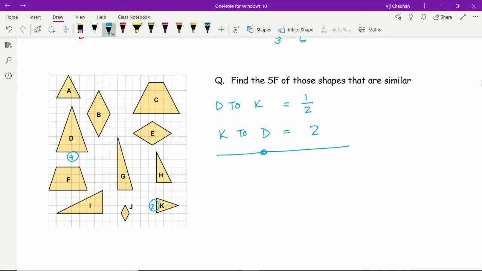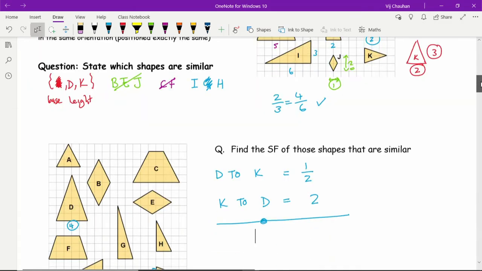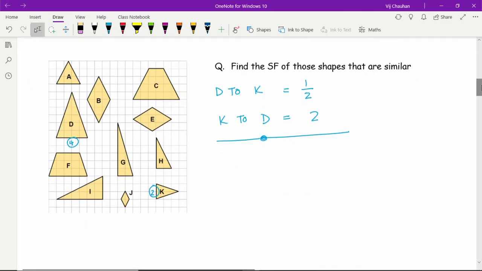Now likewise, when it comes to the other shapes, if I just have a quick move up, I've got B and J and I and H. So let's have a look at I to H and H to I. Now I to H, again I've got the base of 3 and going from 2.